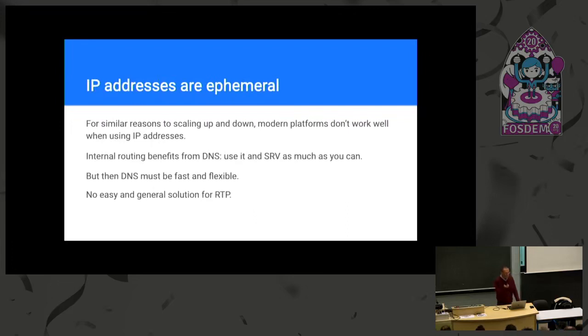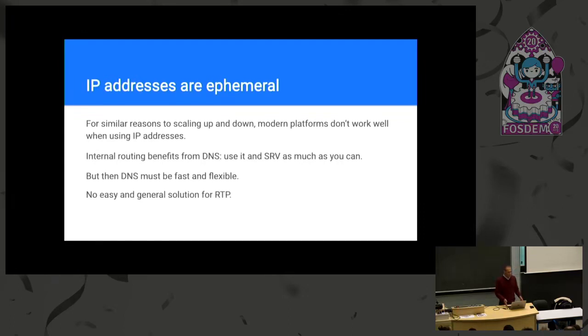As we mentioned, the IP addresses are ephemeral. So some time ago, you could decide that this is your box. It will live a long time. It will have a public IP address, possibly one or more private IP addresses, and signaling for ongoing calls could rely on those IP addresses for correct routing.